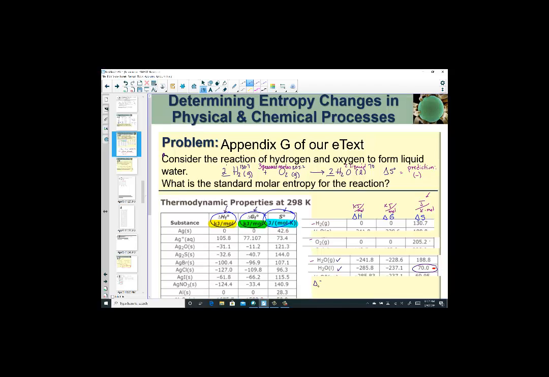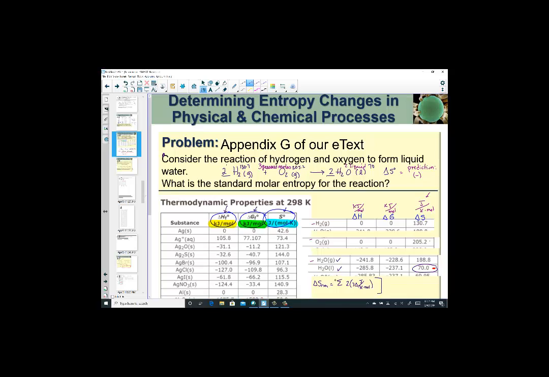We know that the delta S for this reaction, or the system, same words, is equal to the sum of the products minus reactants. So the products, of course, would be 2 waters. We have the coefficient of 2 going to be dispersed through the 70, and that's in joules per Kelvin mole.